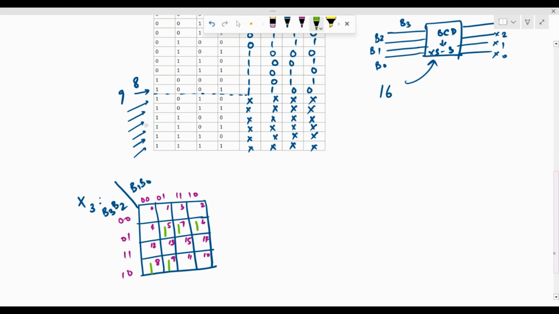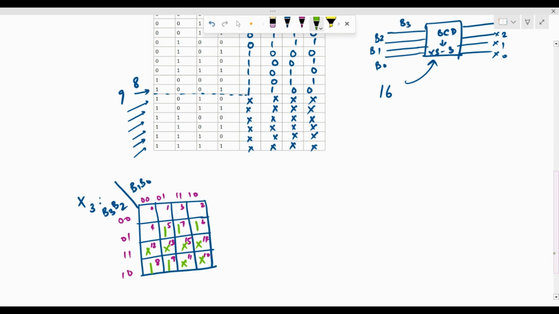Apart from this, we have don't cares, which will also go into the K-map. This is for 10, 11, 12, 13, 14, 15. So we'll put don't cares over here. Right. Now, how do we group it? Do we at all use these don't cares? Yes.